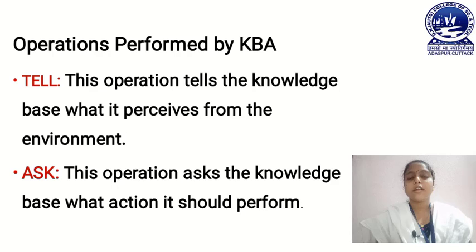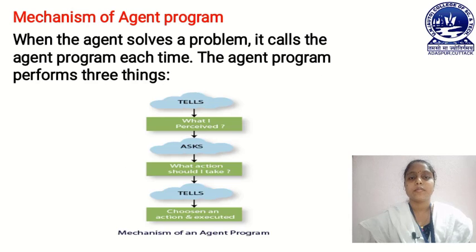That means the tell operation tells the knowledge base about the input which it perceived from the environment. Then next one is the ask operation. The ask operation always asks the knowledge base which action should be taken. These are the two important operations performed by our knowledge-based agent.